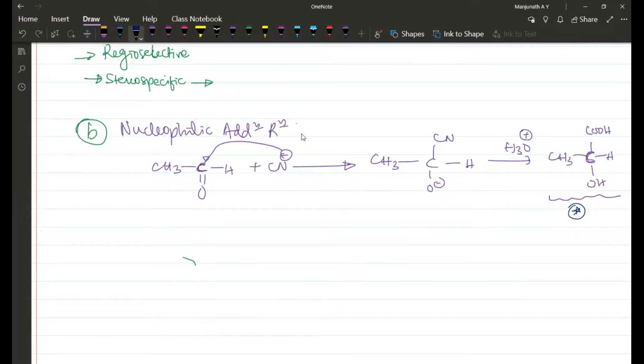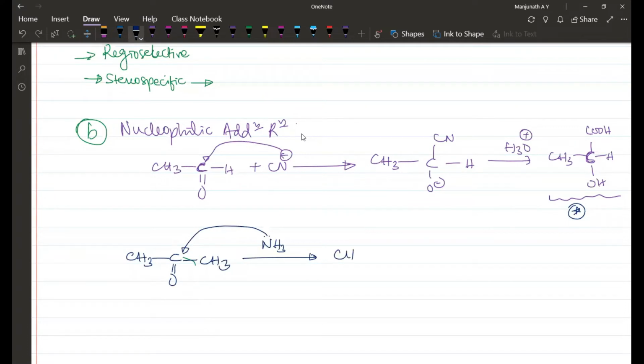Another type of reaction is addition elimination type. So for that I will take another example of a ketone, or we can actually take any carbonyl compound. Suppose it reacts with ammonia, then what happens? Ammonia is a nucleophile, it will attack as usual.